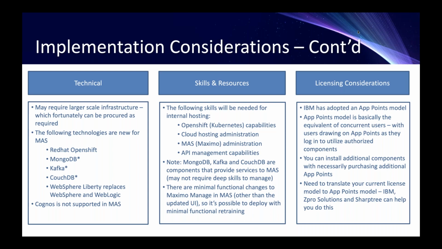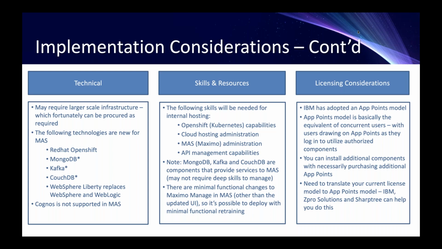And overall, the costs and the specs are actually not that different between traditional Maximo and MAS 8. When you look at the overall hardware requirements, they are slightly larger because of the overhead of OpenShift, but not tremendously. There are a number of new technologies introduced with MAS, the biggest being OpenShift.